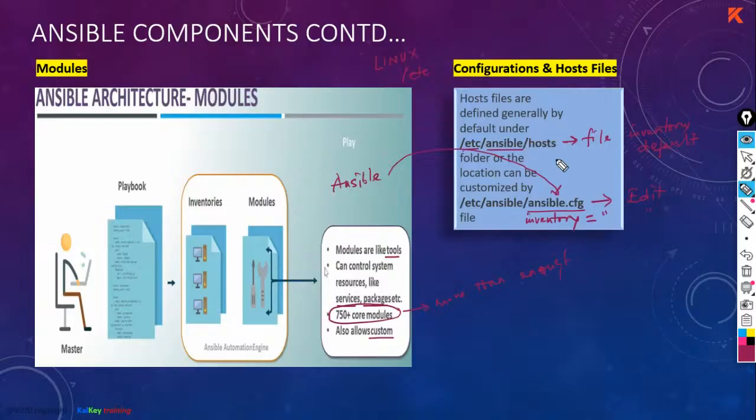Instead, it will look into this particular file located in a particular folder. Once it knows that, it will go to the inventory file to understand the parameters to connect to the hosts and onwards. Is it clear?